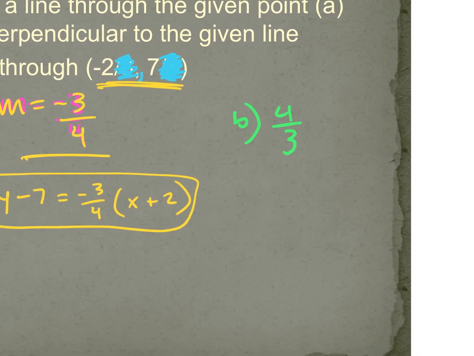What should I do next? Plug it in. So I have a point and I have my slope, so I'm just going to plug it into point-slope form. So I have y minus y1.